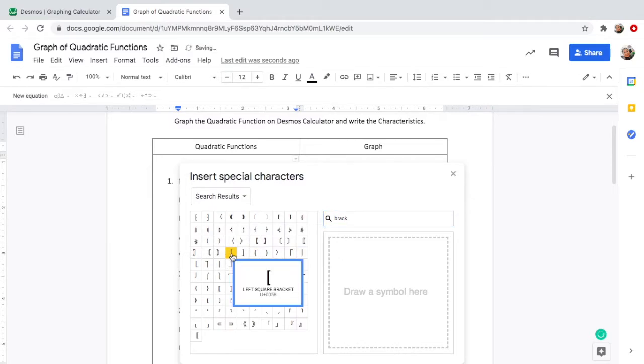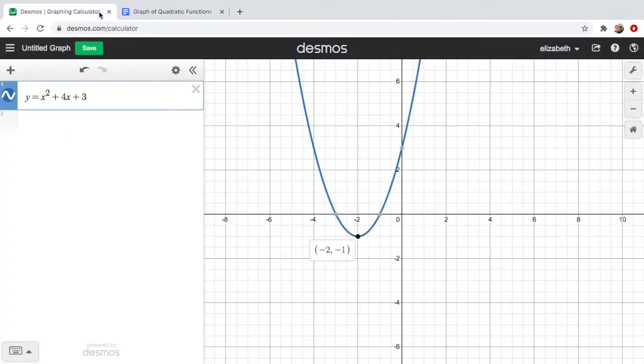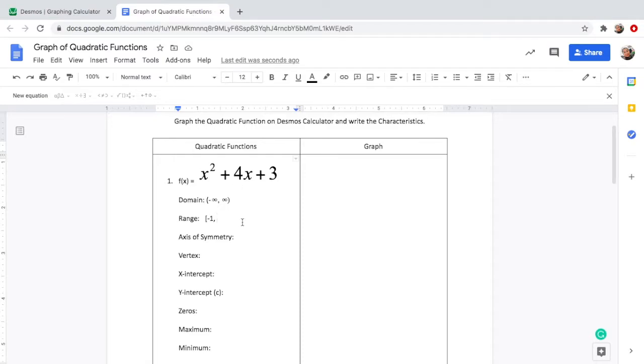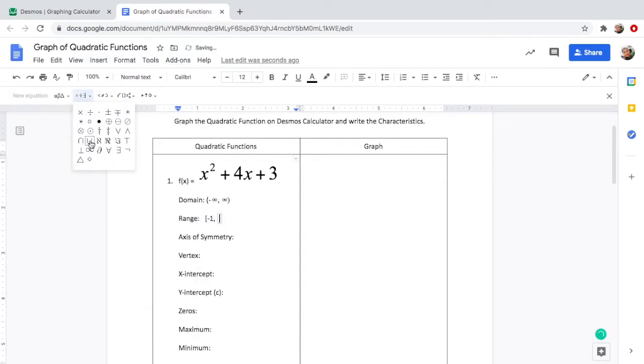Bracket is here, and then insert. Okay, so that will be from -1, and I want you to look at the arrow and it's going up. Therefore, it's positive infinity. Click the equation and then find infinity symbol, and that's it. So your domain is this and your range.